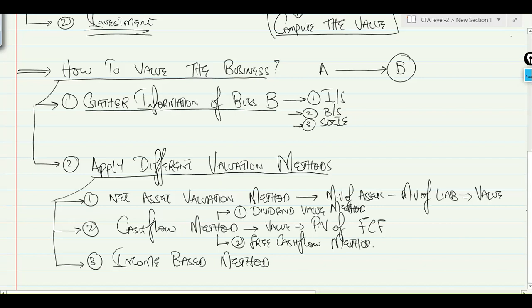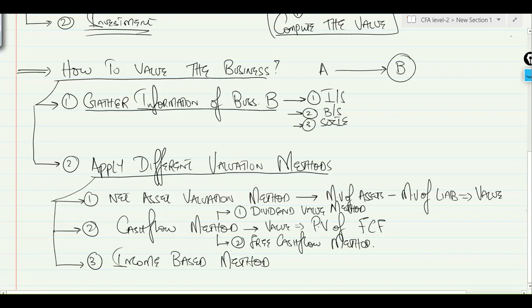In either case, the concept will remain the same. If it is dividend valuation method, we will be computing the present value of the future dividends. If it's a free cash flow method, we will be computing the present value of the future free cash flows.